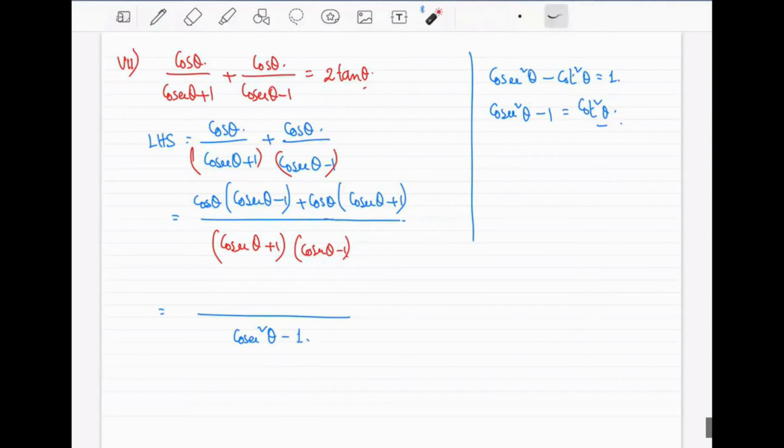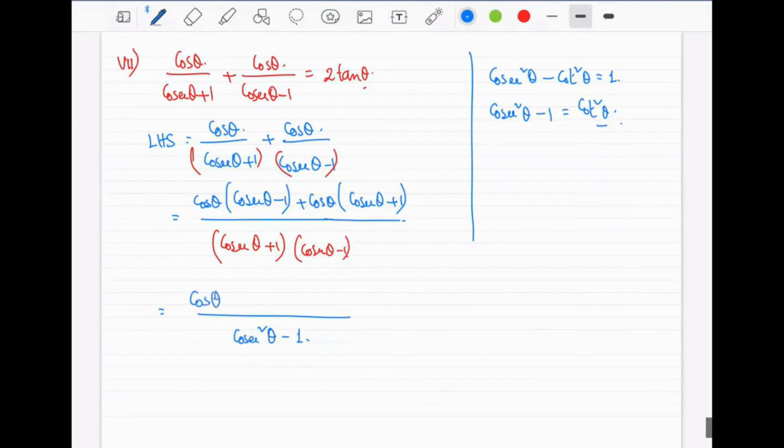You see why, right? One is a plus b, one is a minus b. What about the numerator? Numerator, just multiply by distributive property one by one. Cos theta and cosec theta, cos theta and 1. Do the same thing here also, except there is a minus sign here, there is a plus sign.